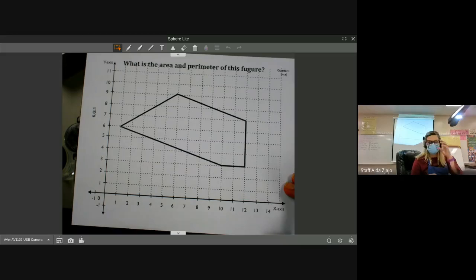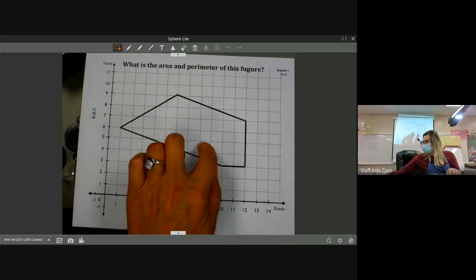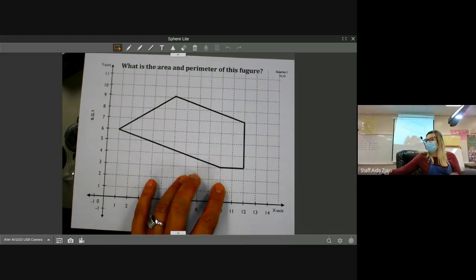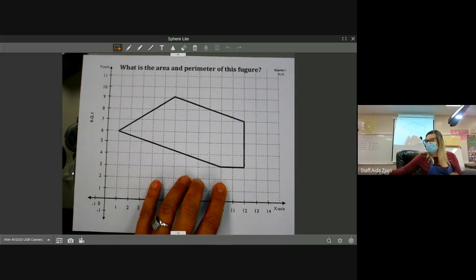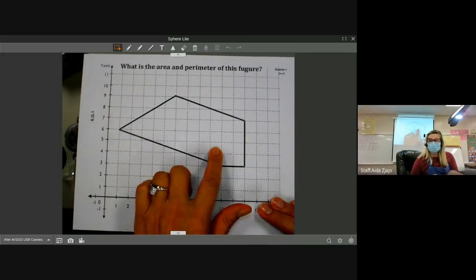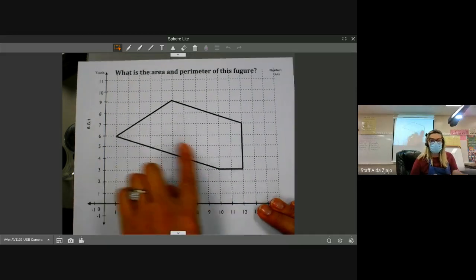And remember what we say, area is, look at your floor. It's covered with tiles. What are we counting when we are counting area? We count how many tiles are covering a room. So what would you do in the same way? All the whole tiles? That's right, count all tiles.